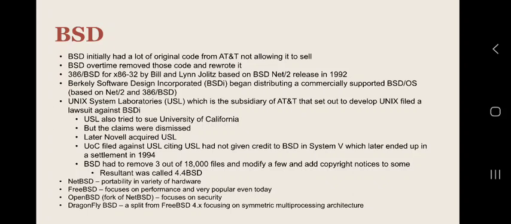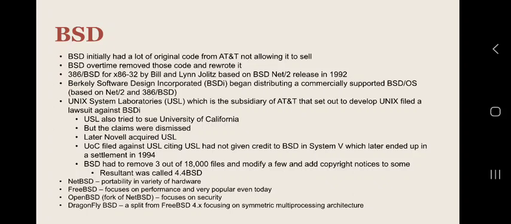So the University of California filed against them. This was going back and forth. Once USL filed a lawsuit against the University of California, and after it was dismissed, the University of California filed against USL, citing USL had not given credit to BSD in System 5, which later ended up in a settlement in 1994.